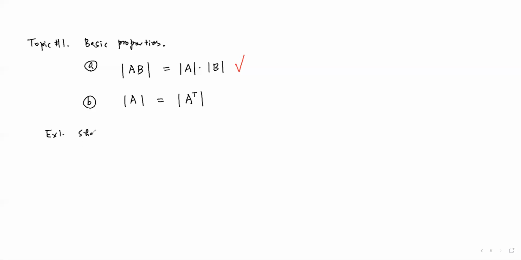So that if A is invertible, the matrix A has an inverse, then the determinant of A inverse is equal to 1 over this number, the determinant of A. Determinant is a number. How to see this equation? Solution. How to see this equation?